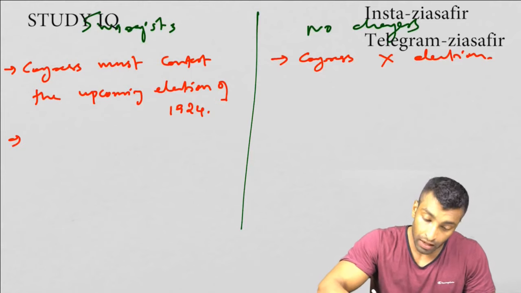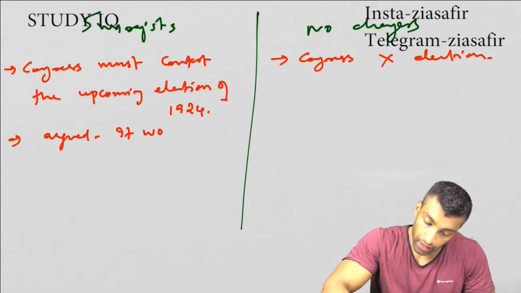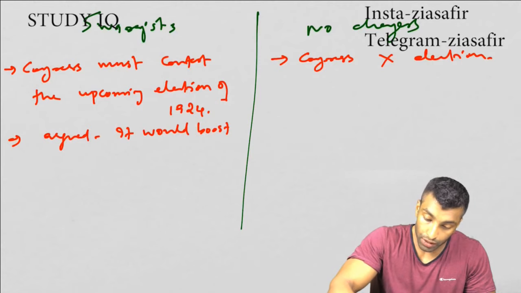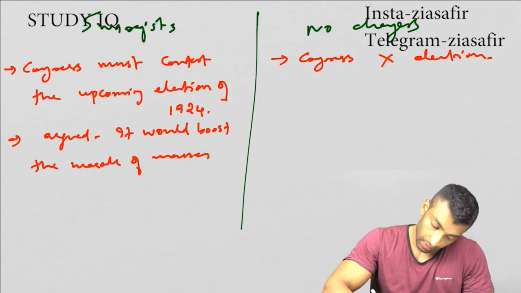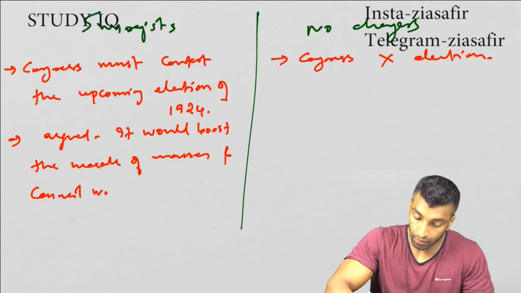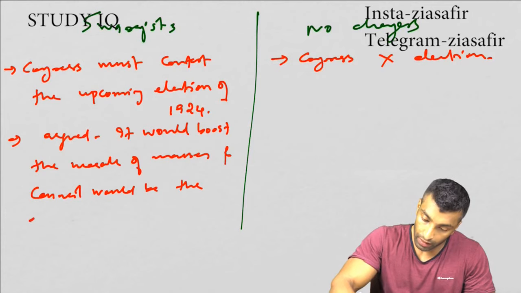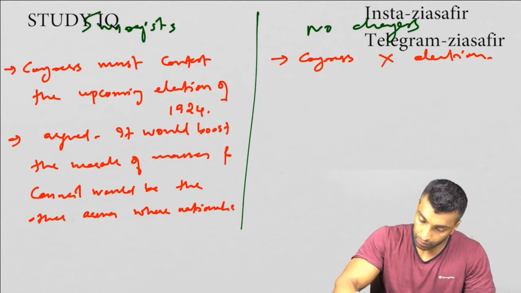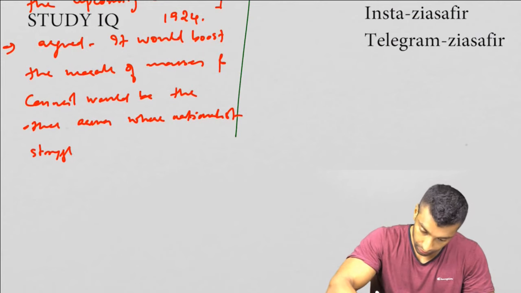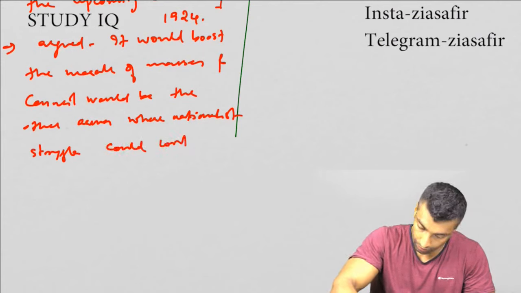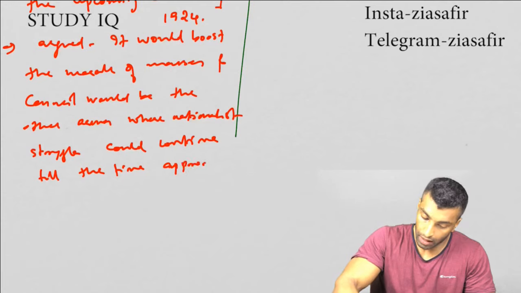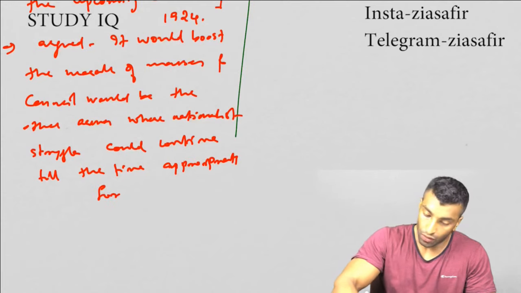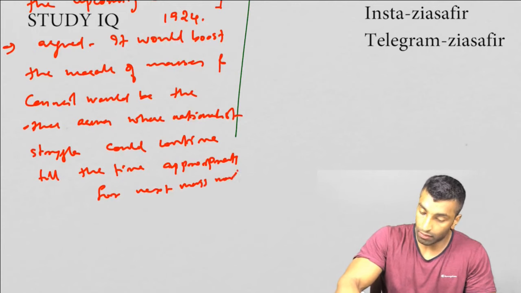Now Swarajists argued it would boost the morale of the masses, and the council would be the other arena where the nationalist struggle could continue till the time appropriate for the next mass movement.